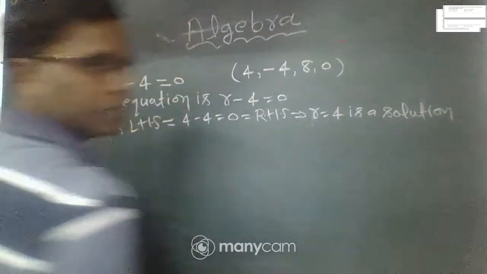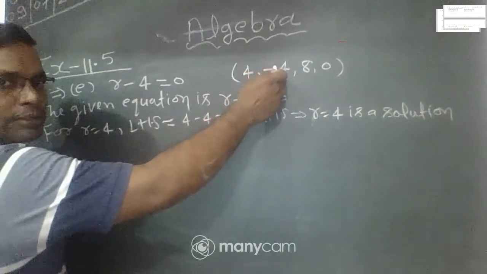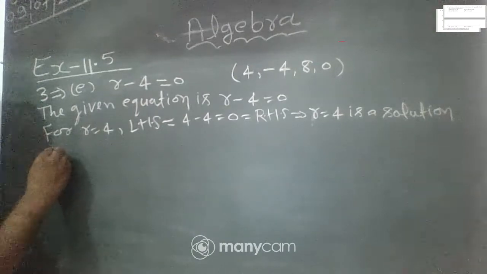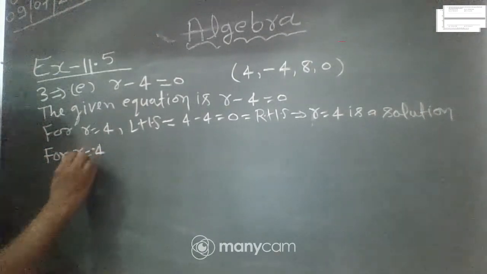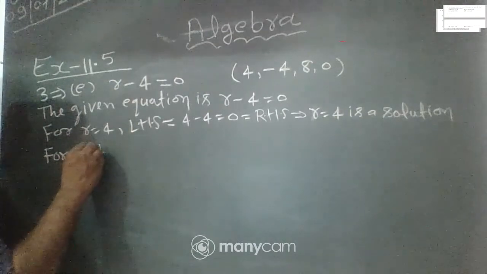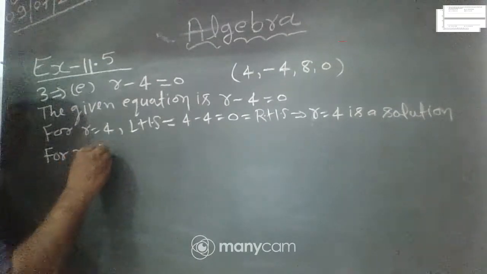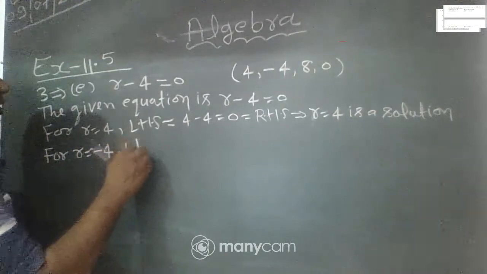Okay, is a solution. So we take the next option, minus 4, for r is equal to minus 4. Clear? r is equal to minus 4. So we find the left hand side.